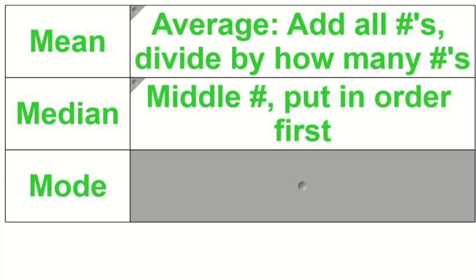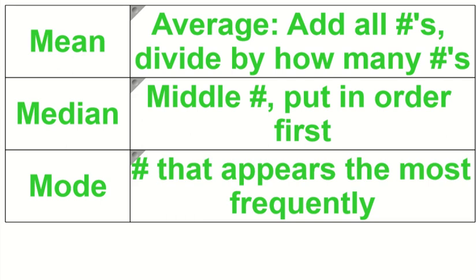Technically, you could do greatest to least, but for most of the stuff, it'll help if it's least to greatest. And then what is the mode, Mason? Jeremiah? It's the number that appears the most frequently out of the data. Okay? Everybody good on all three of those?